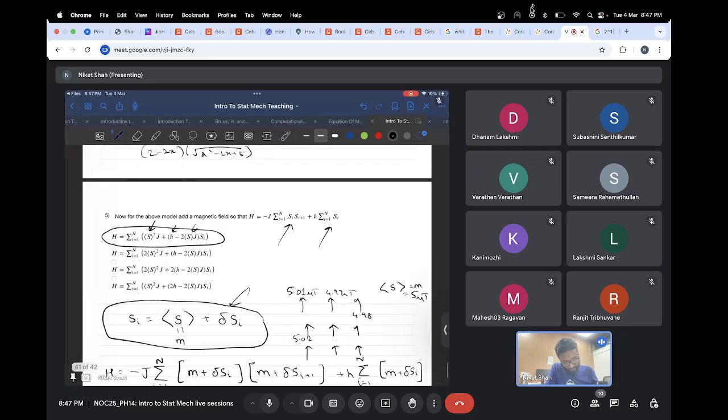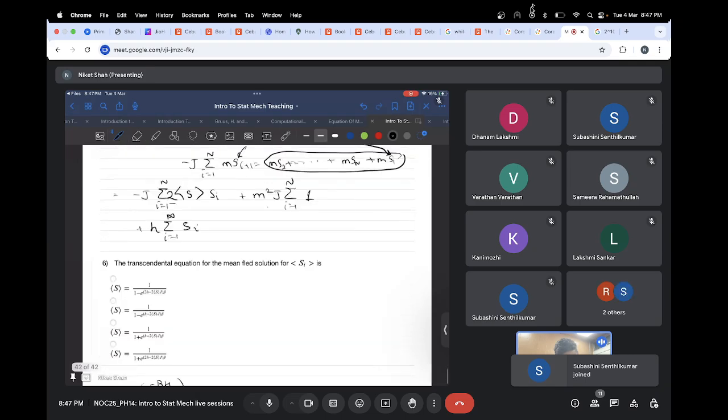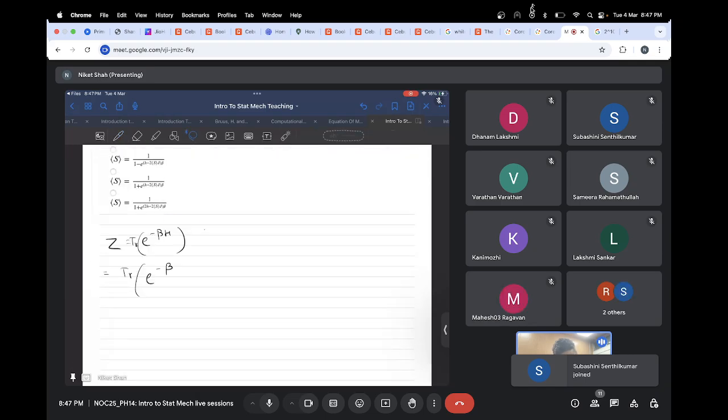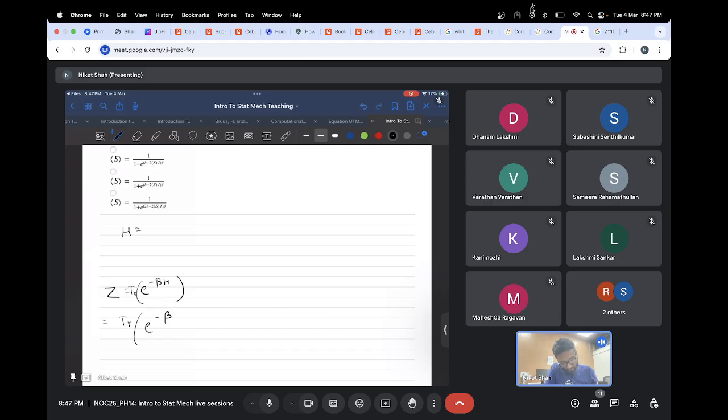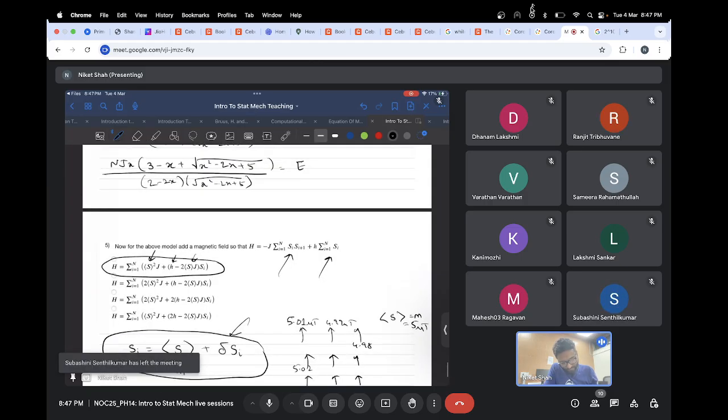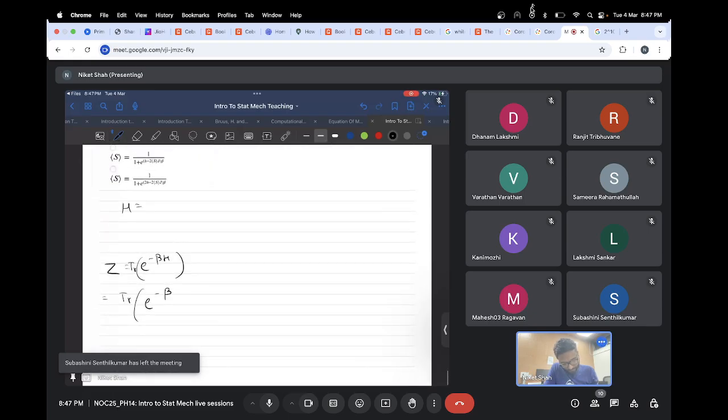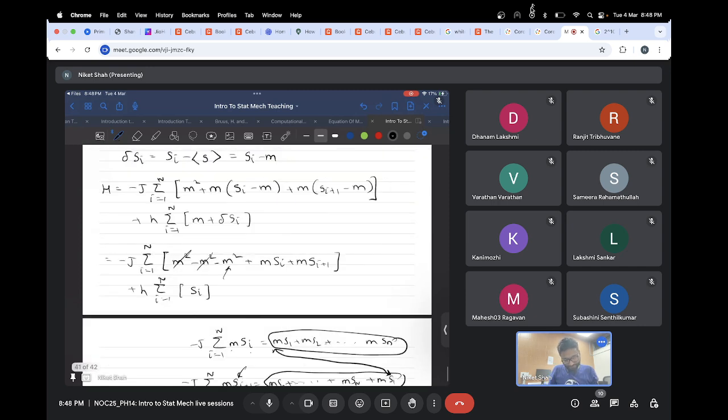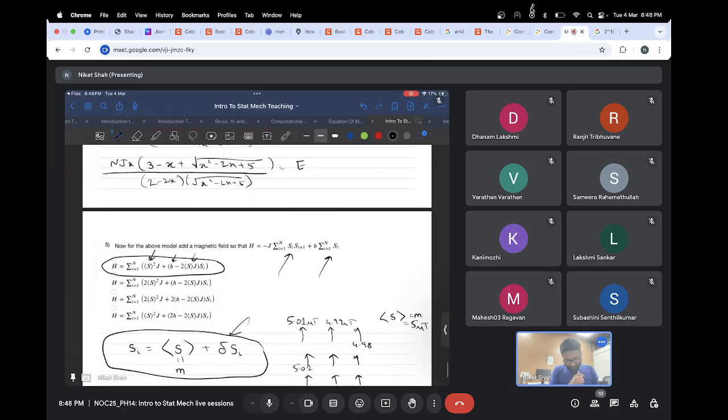We'll actually use this answer itself. What is h here? The h that we have derived. That is my h. H is equal to the mean field Hamiltonian, sum over i equal to 1 to N, M square J, with a negative sign outside. No, there is no negative sign.